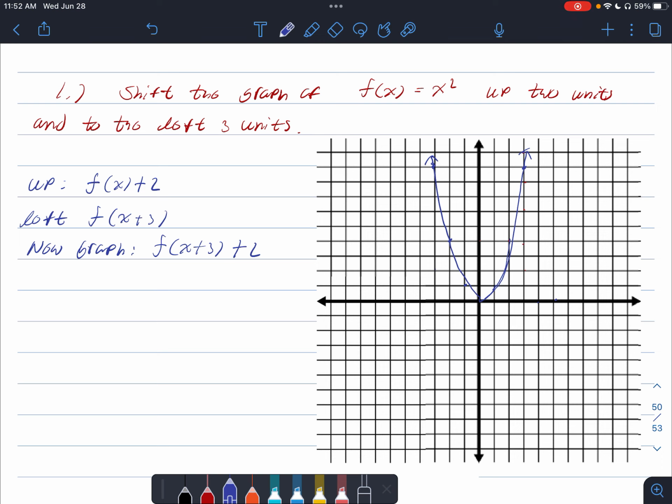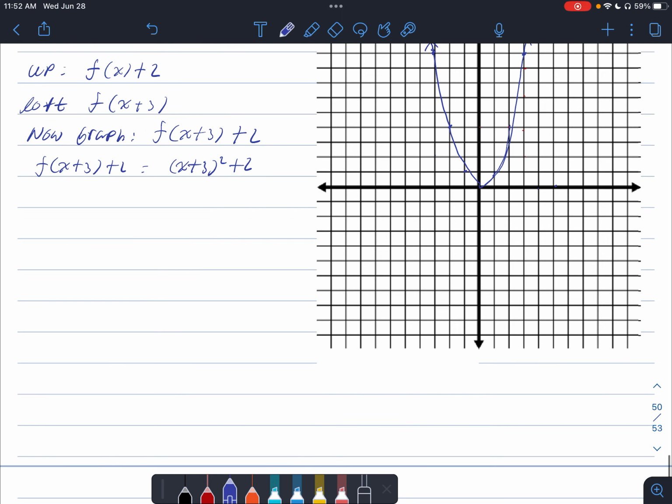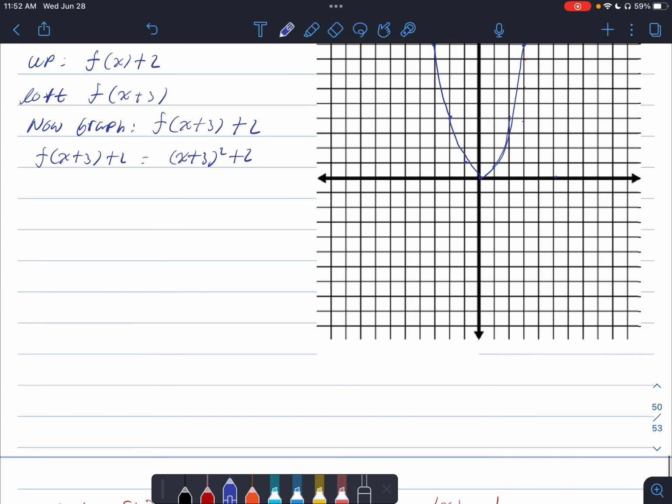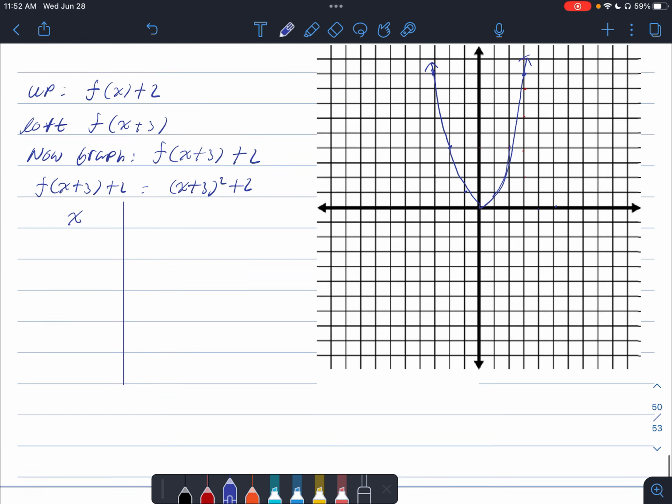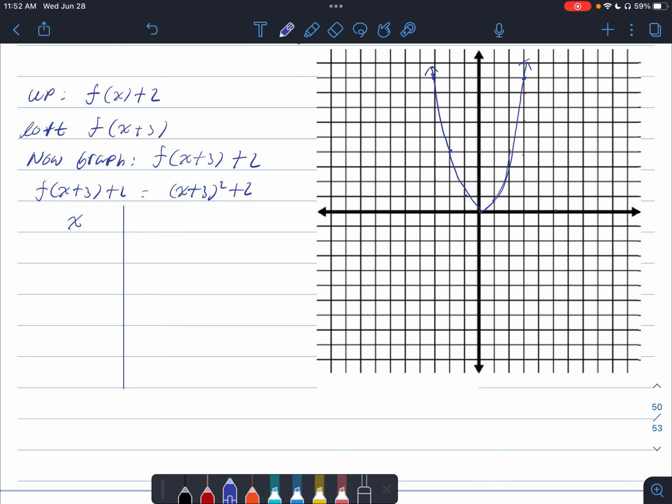So we can write this as f of x plus 3 plus 2 is equal to x plus 3 squared plus 2. Okay, so let's go ahead and find our points. Let's do a little point chart here. We can plot a few points and get the basic shape of this, and we'll see why this works.